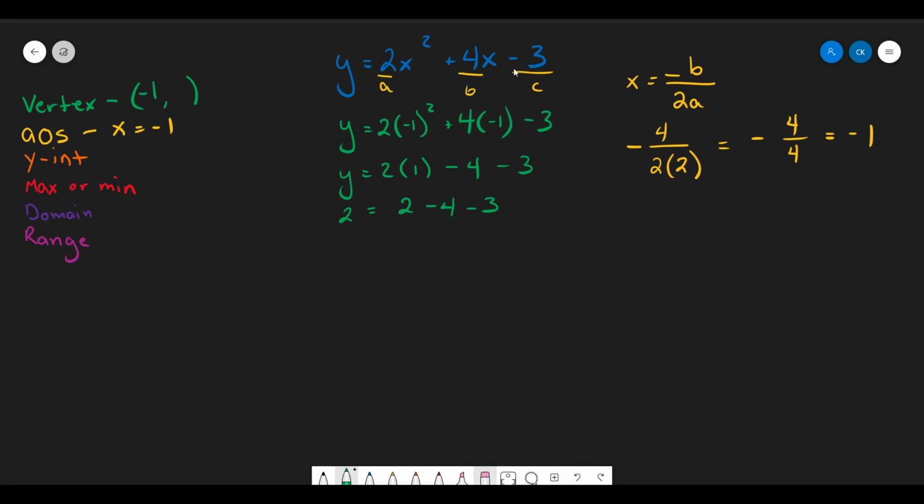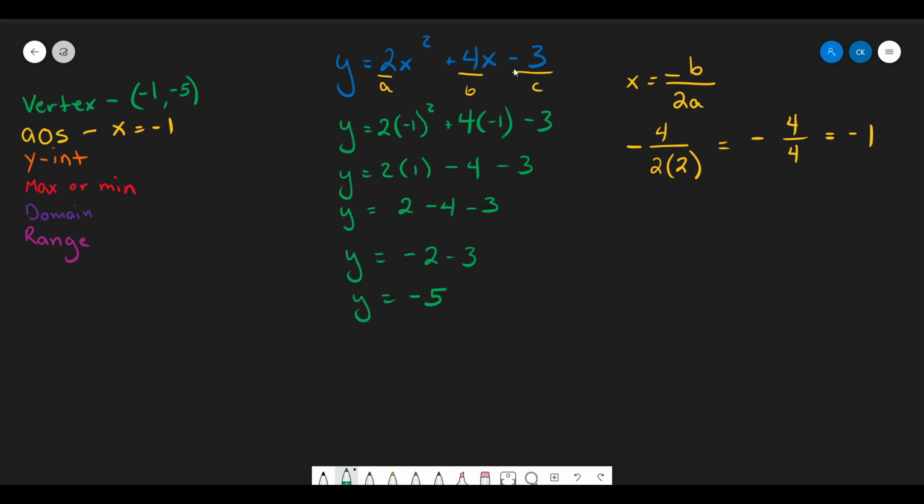Whoops, that should not be a 2. That should be a y. 2 minus 4 is negative 2. And negative 2 minus 3 is negative 5. So the y value of my vertex is negative 5. So my vertex is negative 1, negative 5.